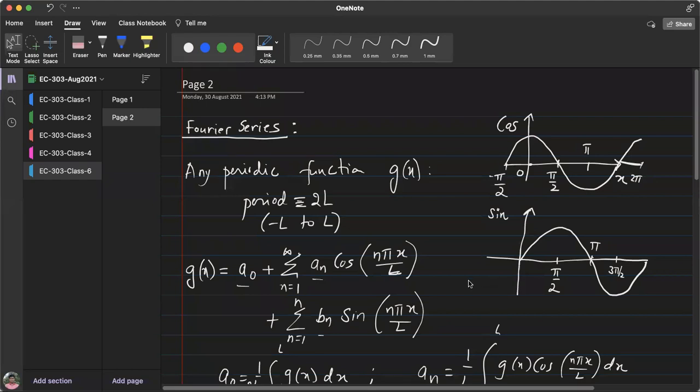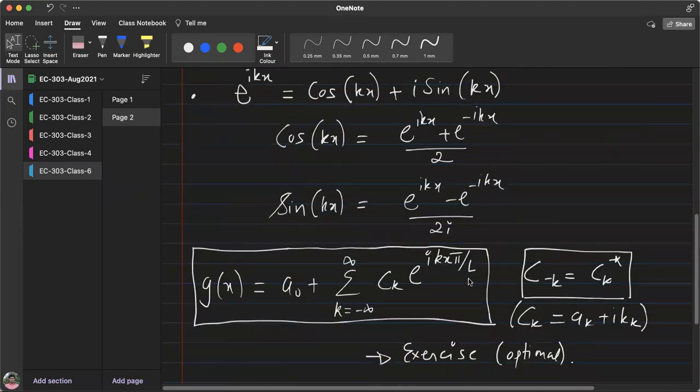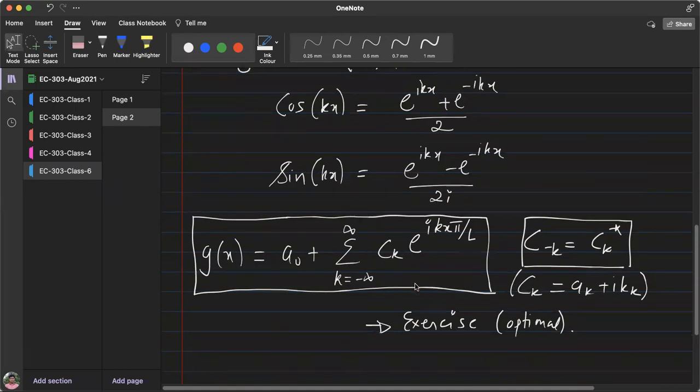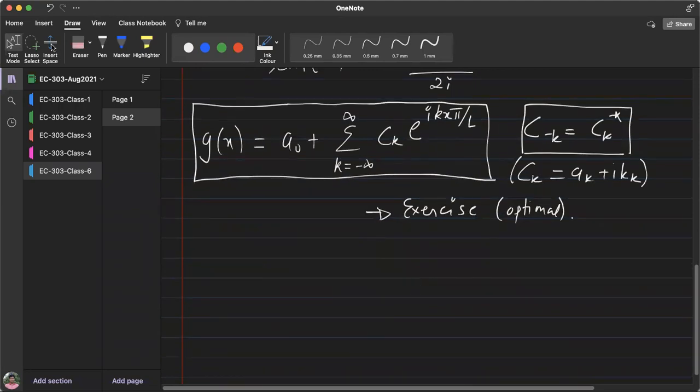Okay, if there are no questions, I will go forward and show you a visual demonstration of how Fourier series works. So what do I mean by that? Let me continue with a demonstration.